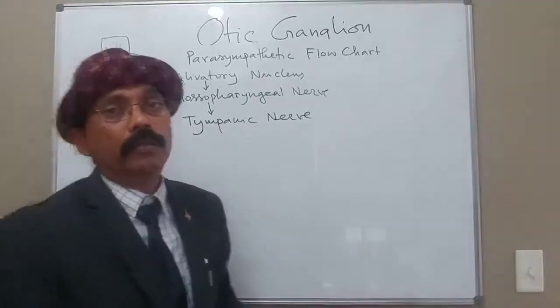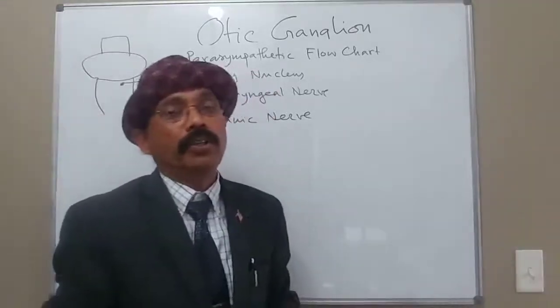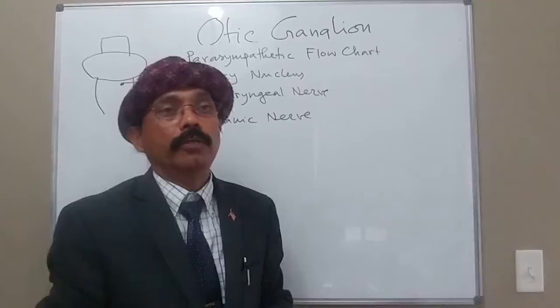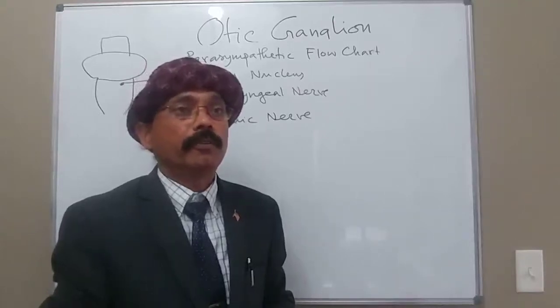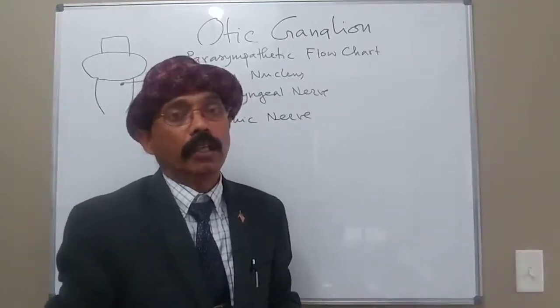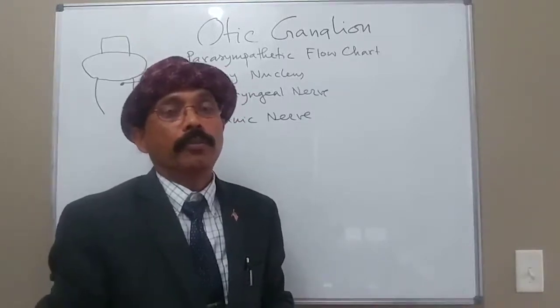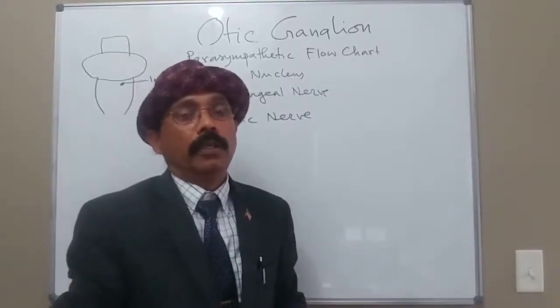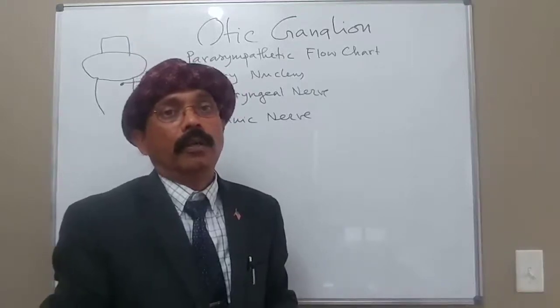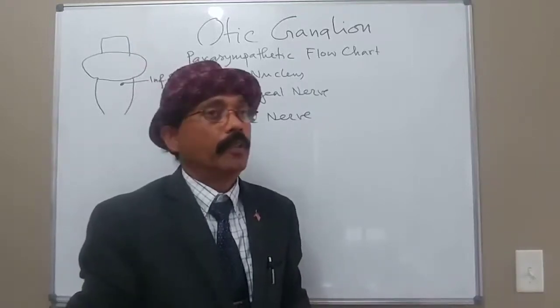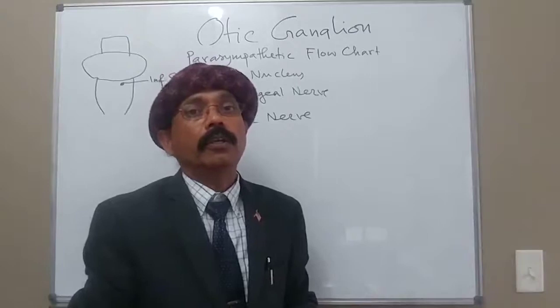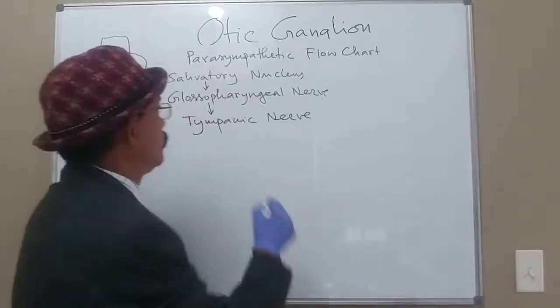Tympanic nerve enters the petrous part of temporal bone through the inferior tympanic canaliculi. It goes to the promontory in the middle ear cavity, okay, and forms the tympanic plexus of nerve.